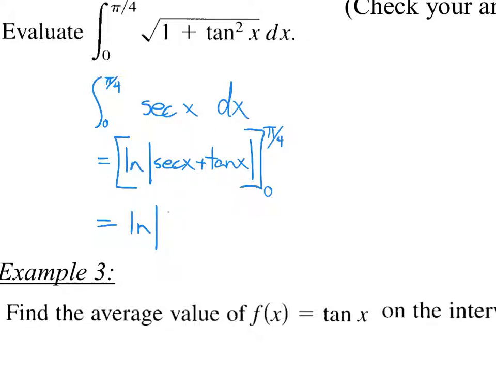So secant is 2 over radical 2. Because cosine's root 2 over 2, so secant's 2 over root 2. What's tangent of pi over 4? 1. And then minus ln absolute value of, what is the secant of 0?